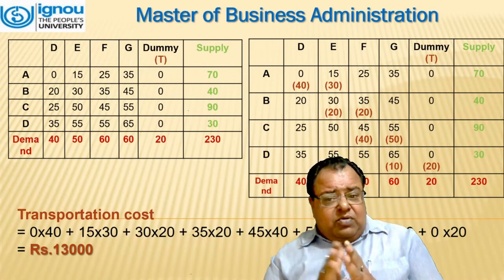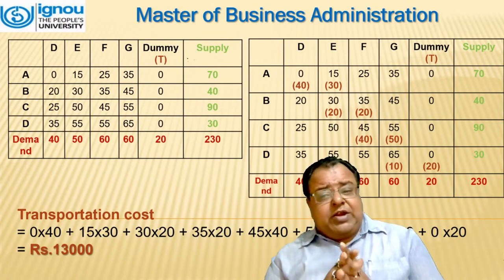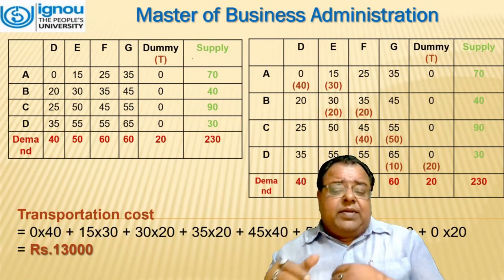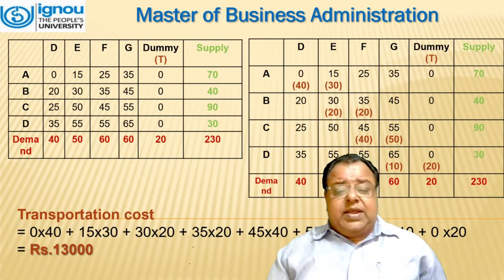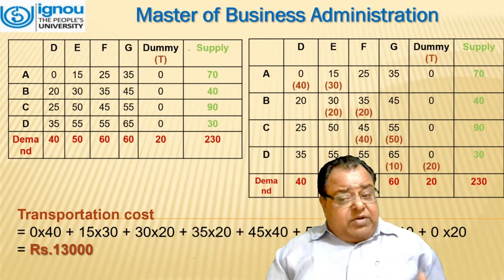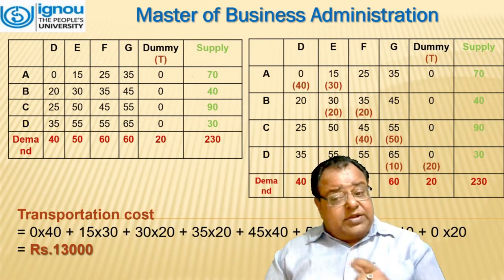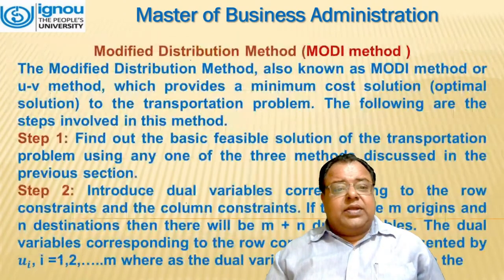So we are going to get a solution of 0 into 40 plus 15 into 30 plus 30 into 20 plus 30 into 20 plus 45 into 40 plus 55 into 50 plus 65 into 10 and, don't forget, plus 0 into 20. We are going to get a transportation cost of 13,000.